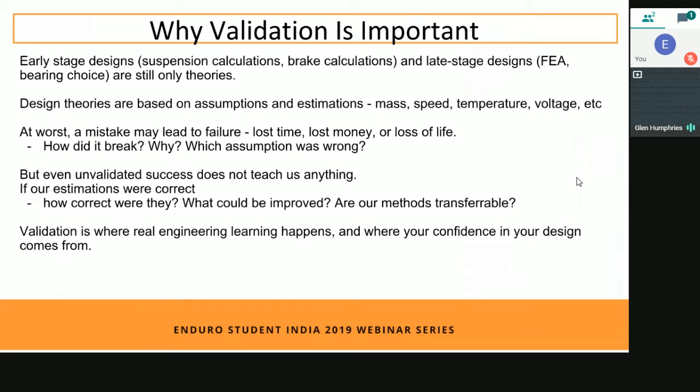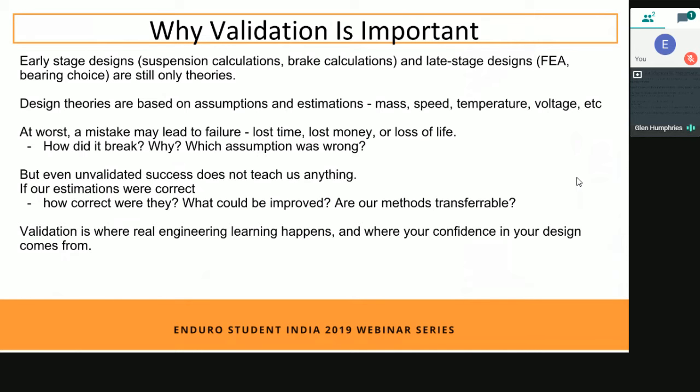For example, how long is it going to be, how wide is it going to be, but also some really early calculations like our suspension frequency, our spring rates, what sort of weight distribution, weight transfer we're going to have. We made these calculations, and sometimes we estimated numbers, and to be honest, sometimes we just kind of guessed them.